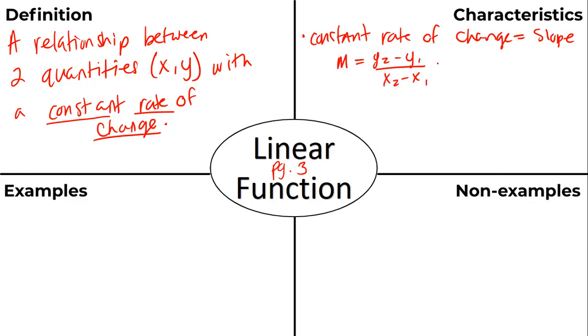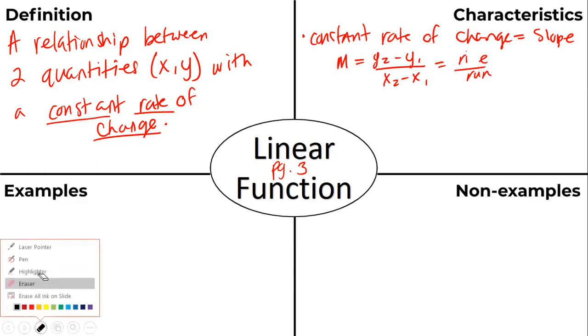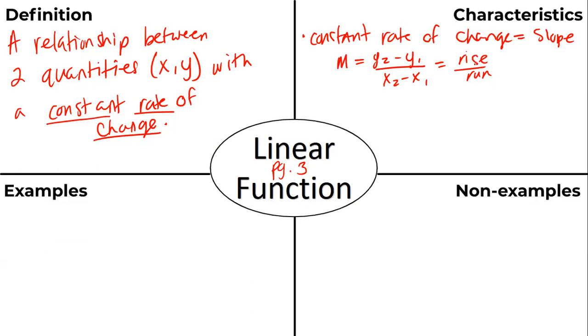And then when you're looking at it graphically, what's our little short way of remembering how to find it? Rise over run. All in our brain, right? We already knew that.